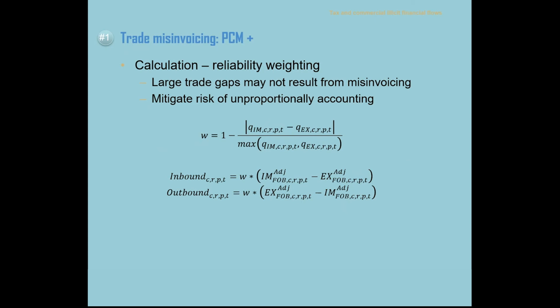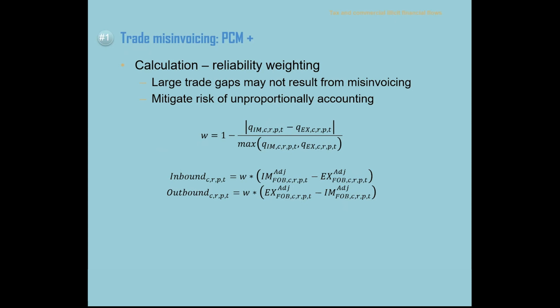And the inbound and the outbound flows, so the inbound as imports and the outbound as exports, are therefore expressed using these formulas. So we are essentially applying the weighting procedure, these weights, to the discrepancy between the adjusted imports and the adjusted exports, or vice versa for the outbound.